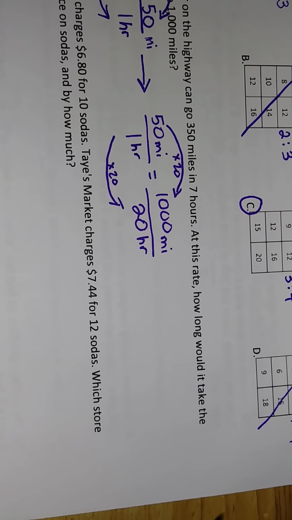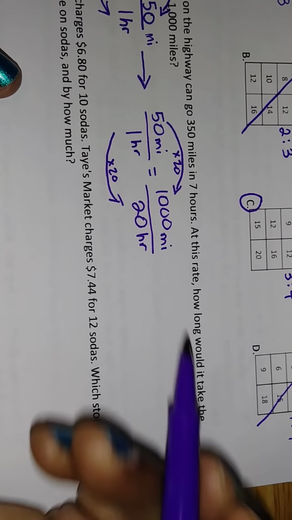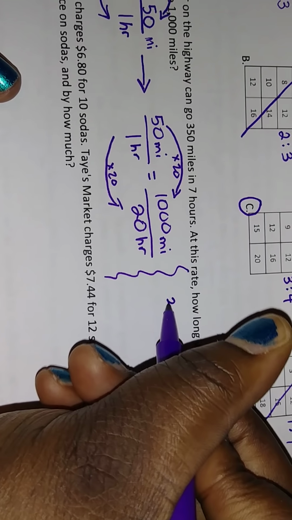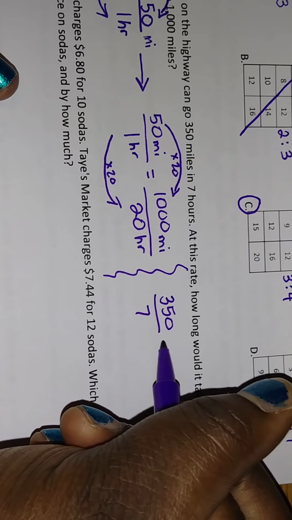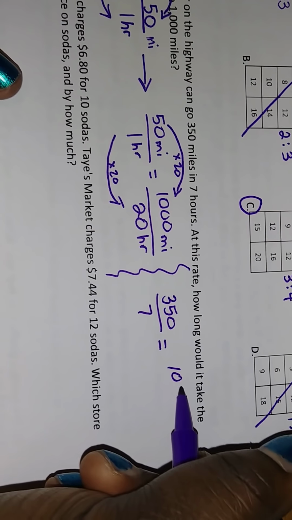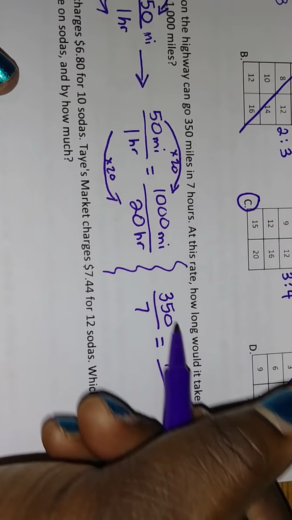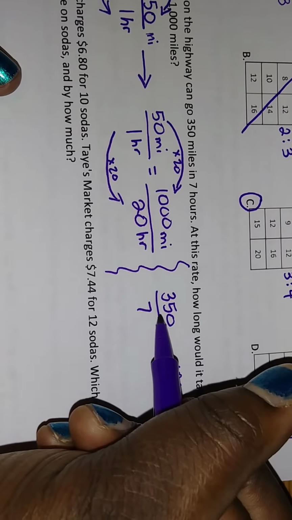Okay? Let's look at this in another way with cross multiplication. So I could set up my proportion 350 miles in 7 hours and set that equal to 1,000 miles in how many hours? We don't know. So we're going to cross multiply. I don't have 2 numbers here, so I can't use that side.